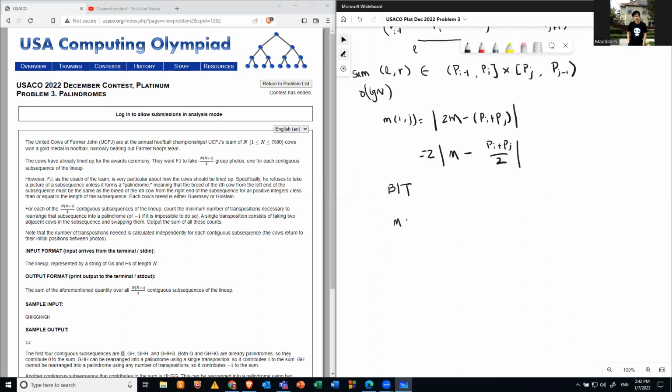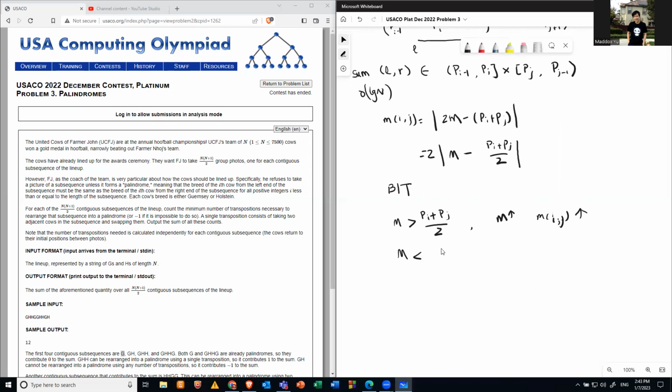If m is bigger than (pi plus pj) over 2, every time m increases, this mij function is positive, so it increases.